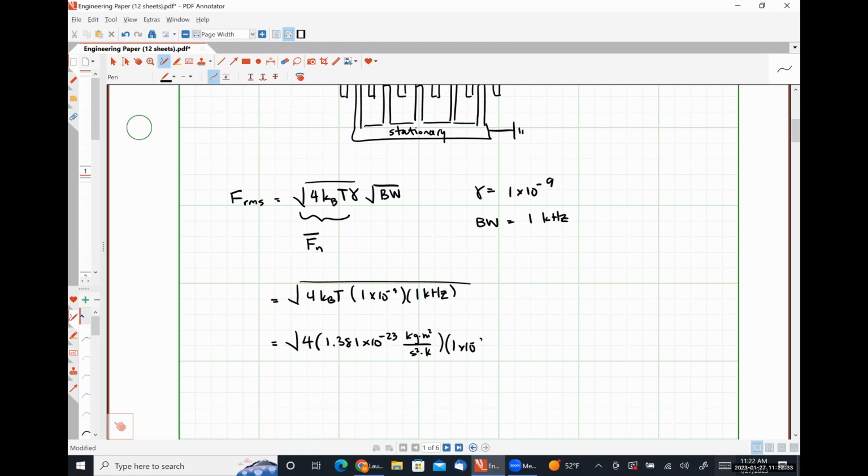One times 10 to the minus 9, and then a 1,000 per second.